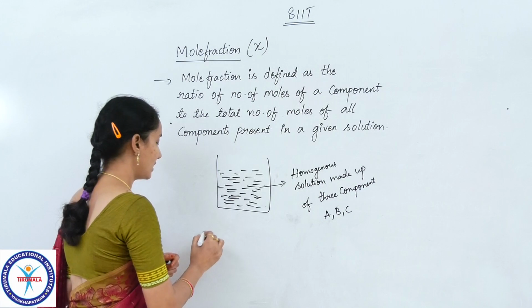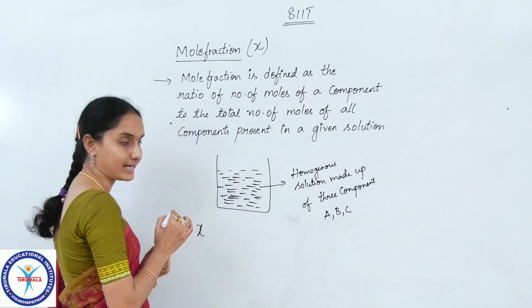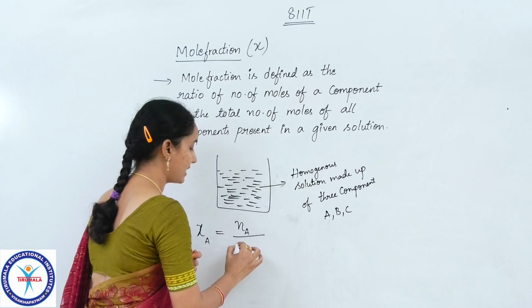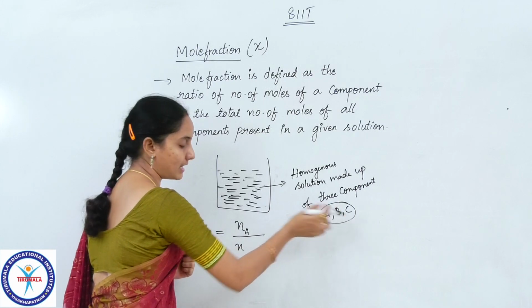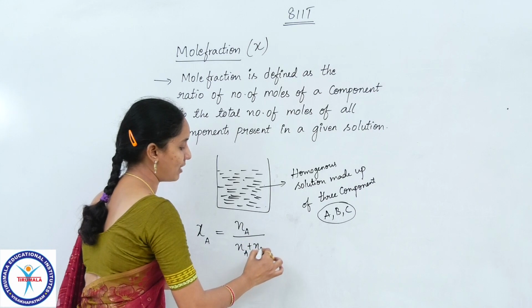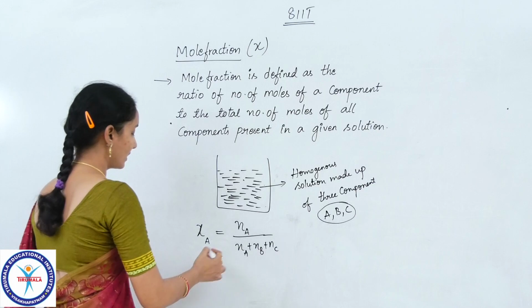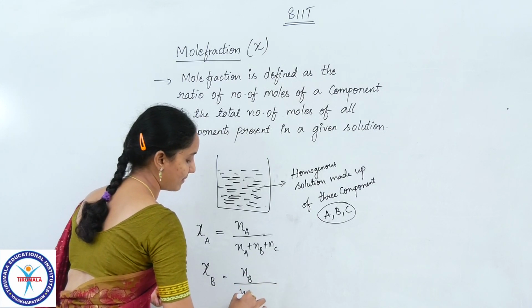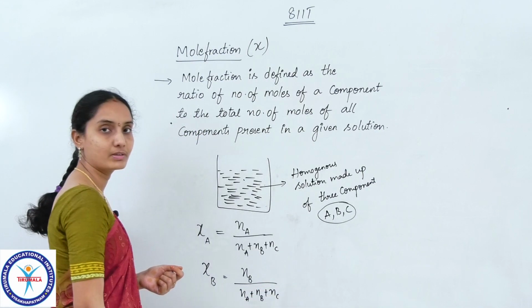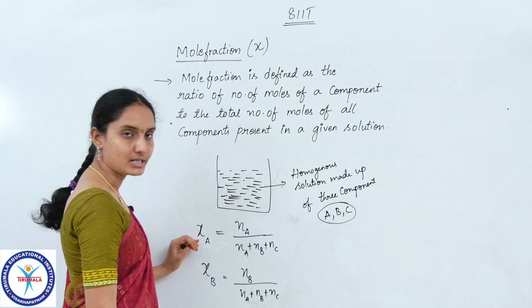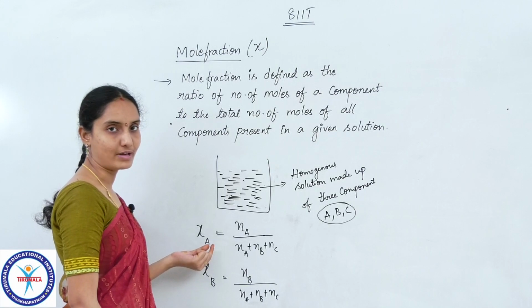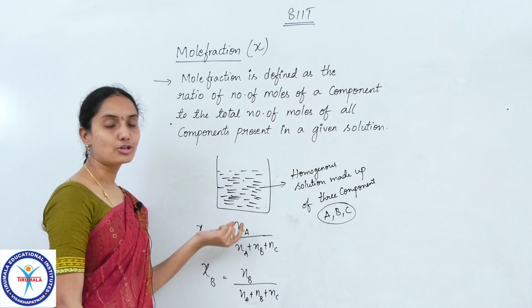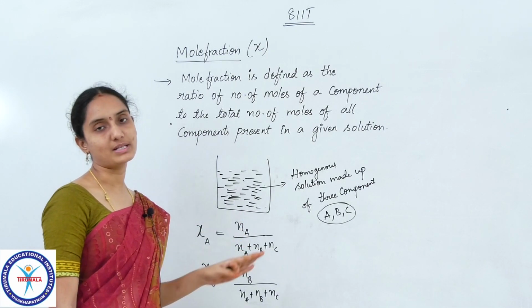Now in this solution, if I want to calculate the mole fraction, which is denoted with X, of A, then I have to take number of moles of A divided by total number of moles, that is, you have to add number of moles of A plus number of moles of B plus number of moles of C. If I want to calculate the mole fraction of B, then you should take number of moles of B in the numerator, divided again by number of moles of A plus number of moles of B plus number of moles of C. So the common formula is: for whichever component you have to calculate the mole fraction, that component's number of moles should be taken in the numerator and divided by the total number of moles of all components present in that solution.